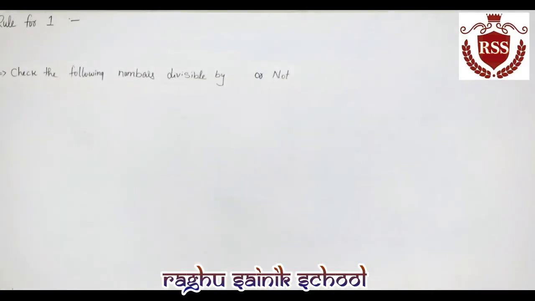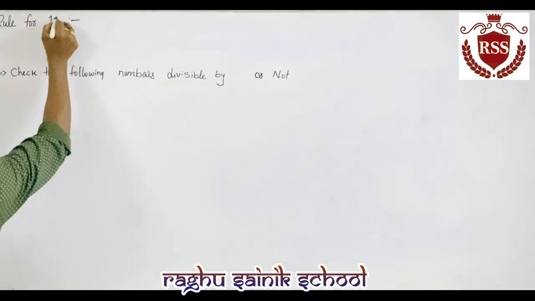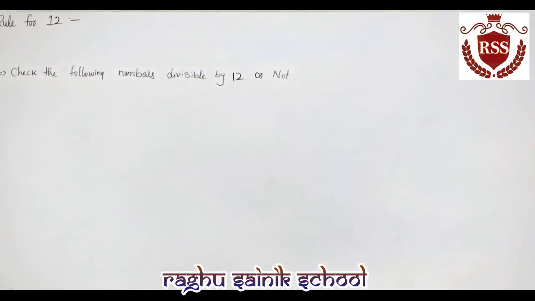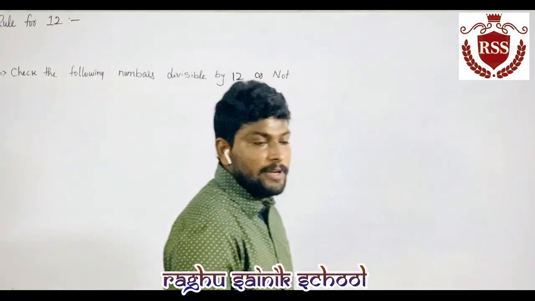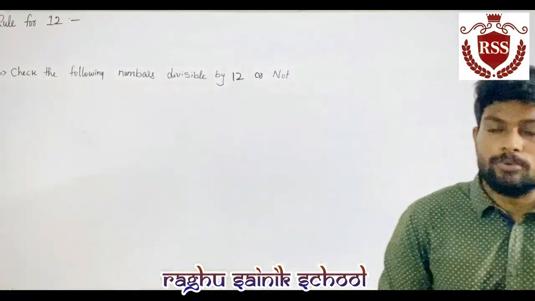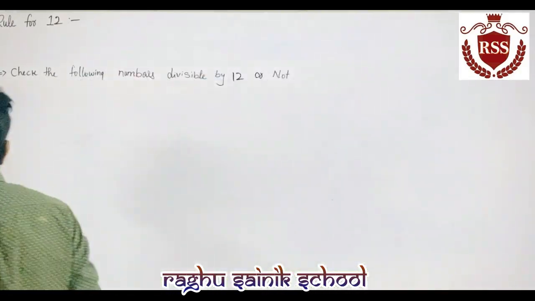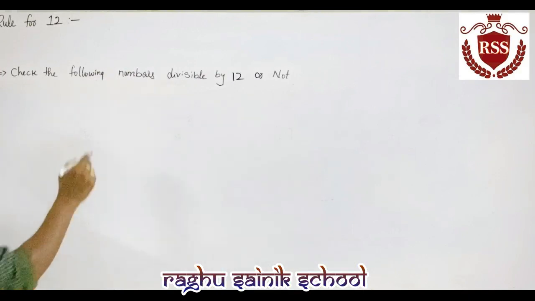Divisibility of 12. If the number is divisible by 3 and 4, then the number is also divisible by 12.